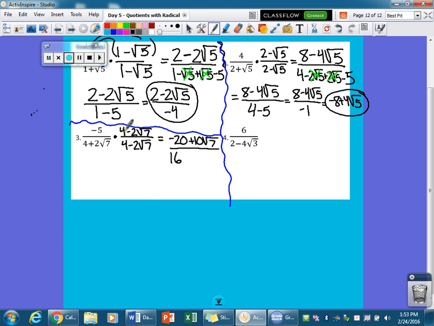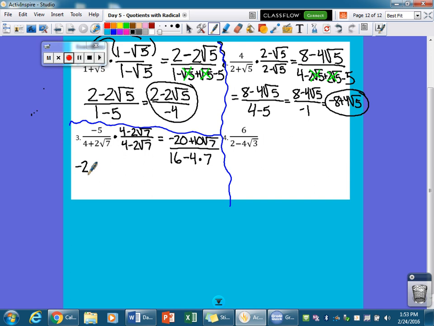I'm not even going to worry about the middle terms anymore because I know they go away. So I'm just going to do 4 times 4, and I'm going to do this one with 2 square root of 7 times negative 2 square root of 7, which is going to be negative 4 times 7. Again, I'm skipping the middle because I know they're going to get deleted.